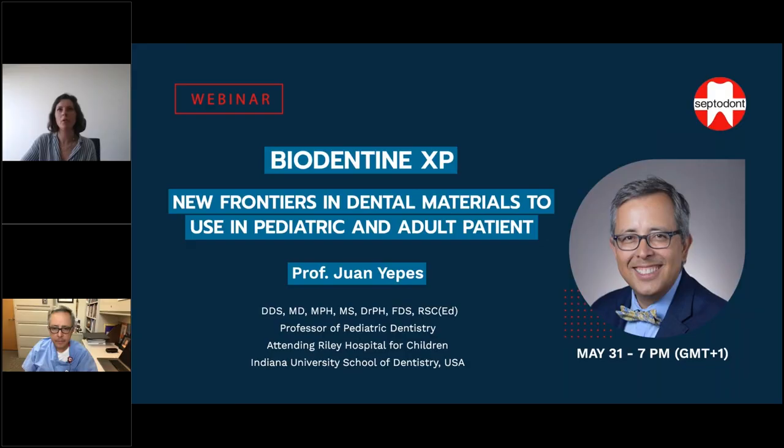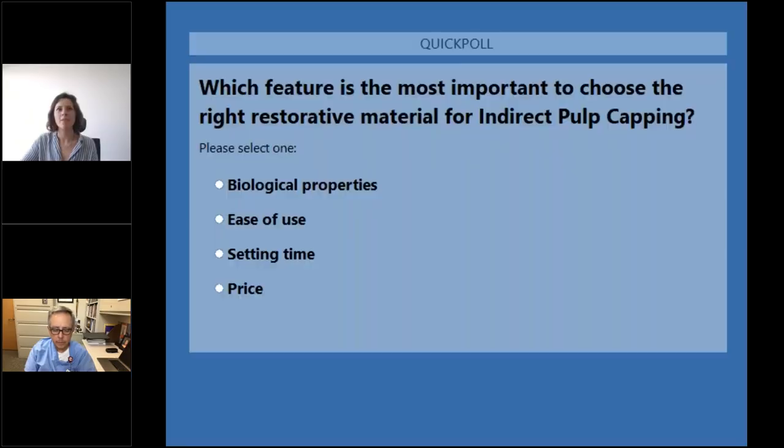Thank you. So I will share another question, and then we will launch the webinar. So the second question, I will launch it right now. The second question is, which feature is the most important to choose the right restorative material for indirect pulp capping?